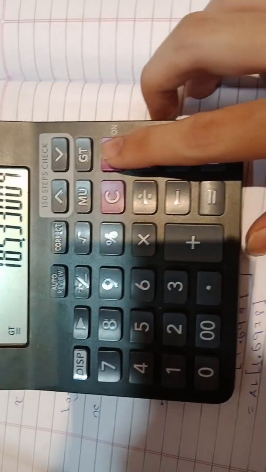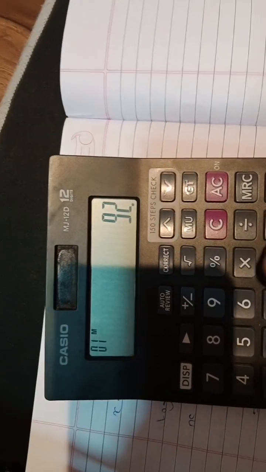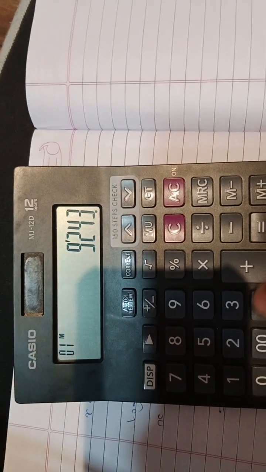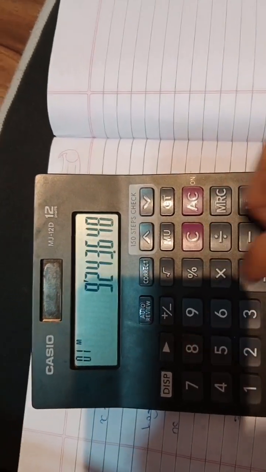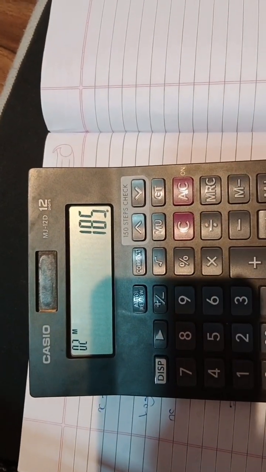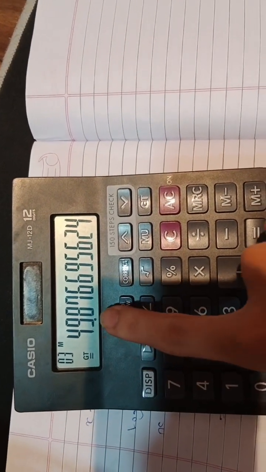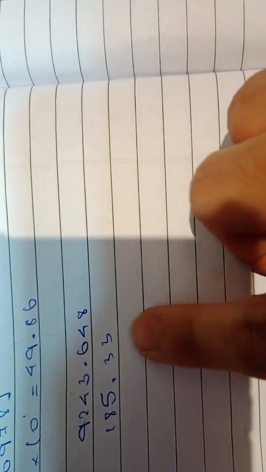So 185.33. Now we'll divide those. So first we have 9243.648 divided by 185.33, and that's equal to 49.87, which is really close to what we got.